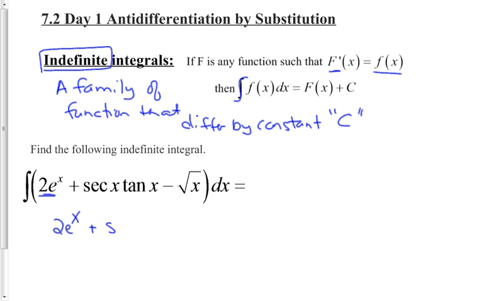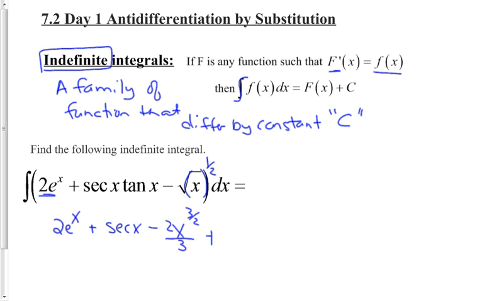Well, that would just be secant of x. Minus, and then that square root of x, that's the same as raising it to the 1/2 power. So my antiderivative now, I have to go up with my exponents, so I will end up with x raised to the 3/2. But don't forget, divided by 3/2, which would be the same as multiplying by 2/3.